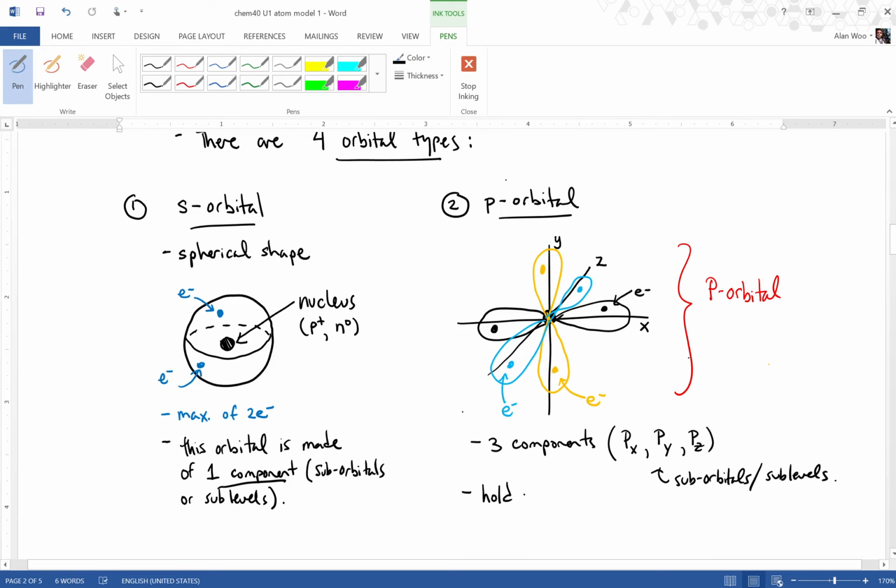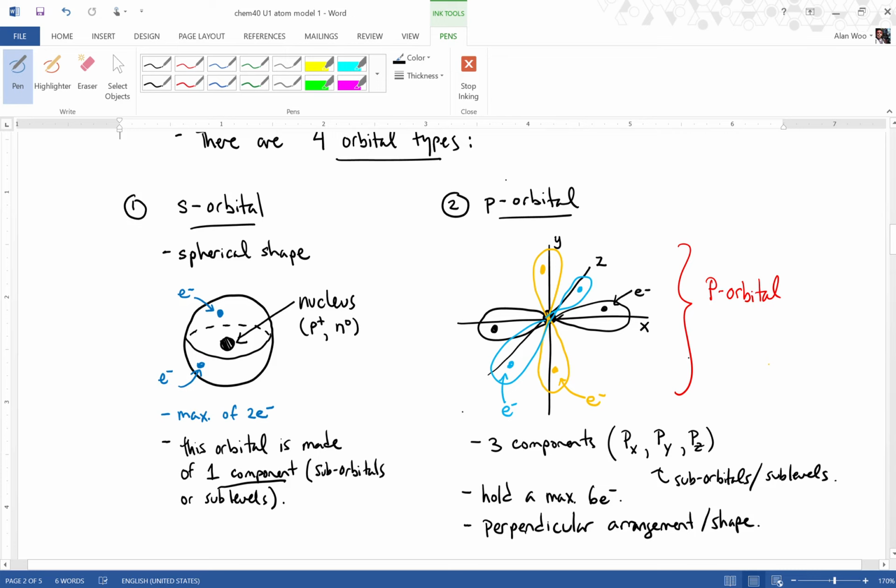So it can hold a max of 6 electrons. The P stands for perpendicular arrangement or shape.